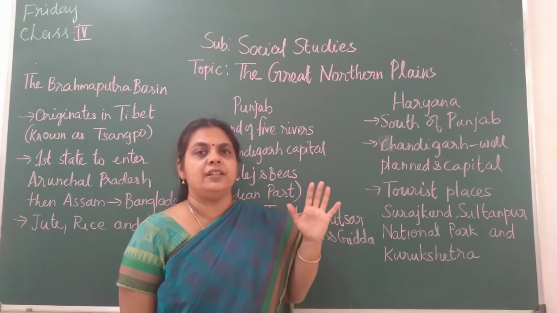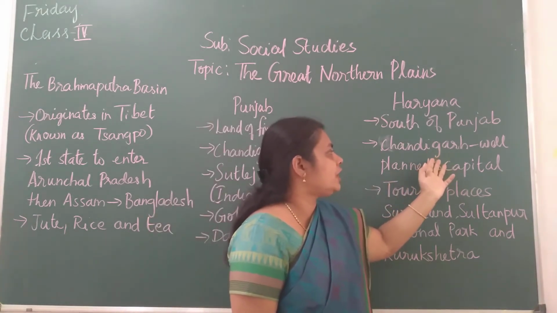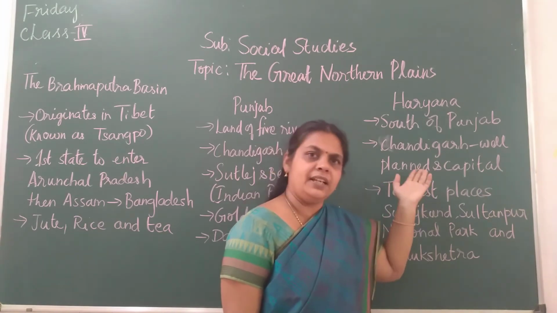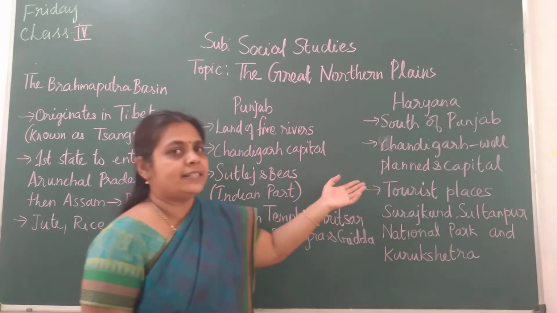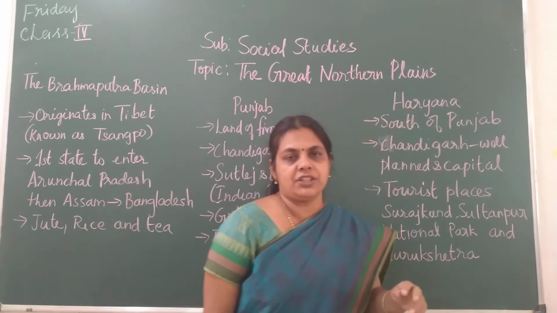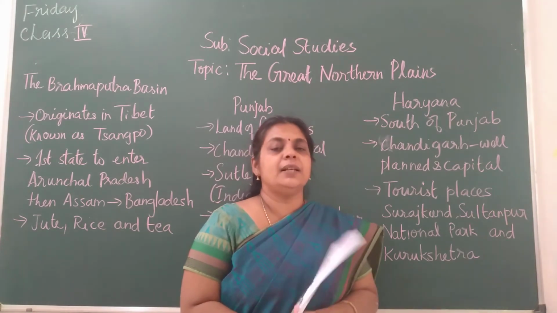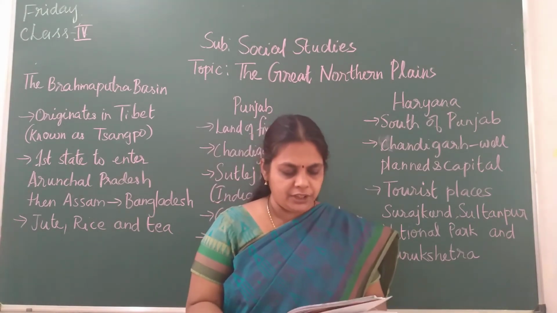Very neat, covered with trees, everything. Chandigarh is a well planned city and it is a union territory, as it is the capital of both Punjab and Haryana, children.